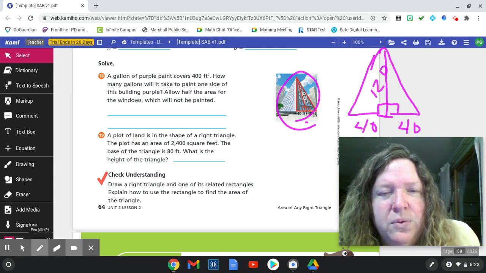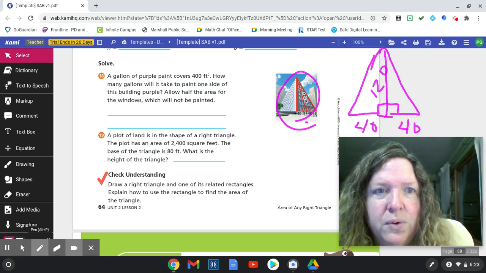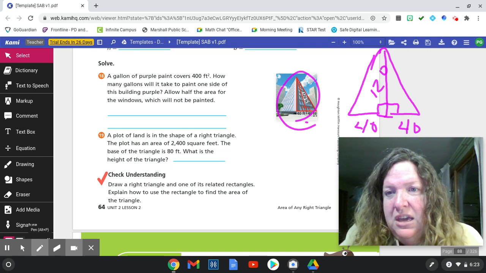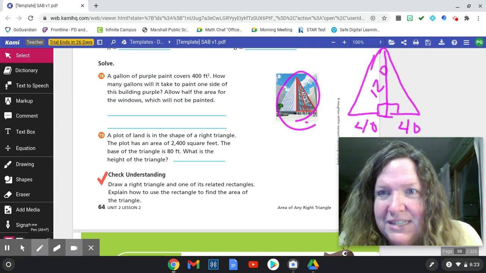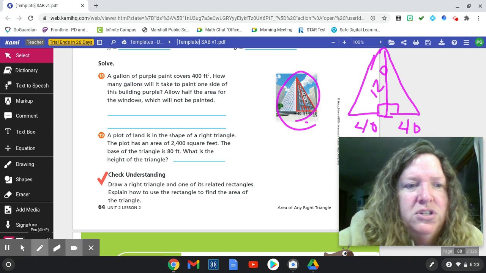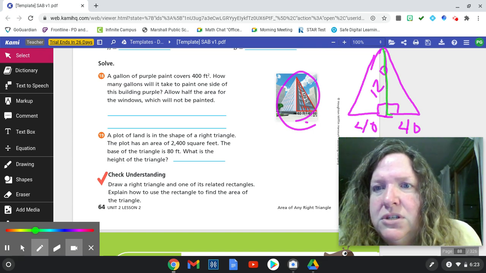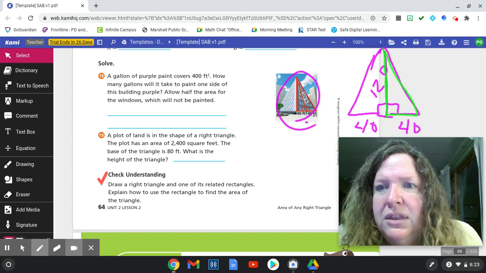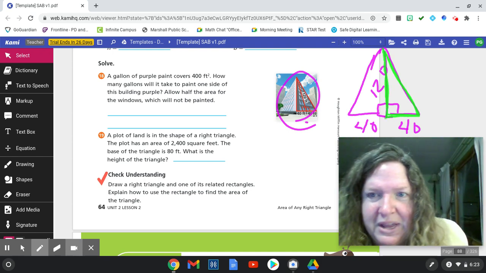Now, we know that a gallon of paint covers 400 square feet, but we want to know how many gallons it will take. And we have to figure out how many gallons it'll take on this one side of the building. So let's start just with one of these. The base is 40 and the height is 120.